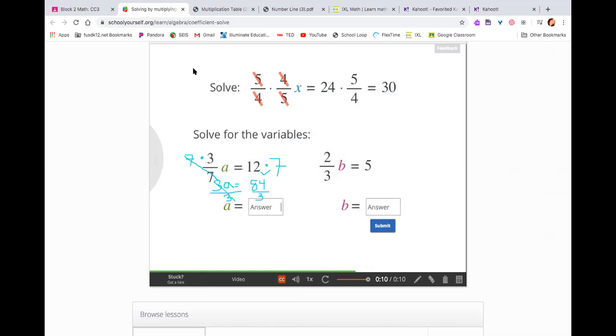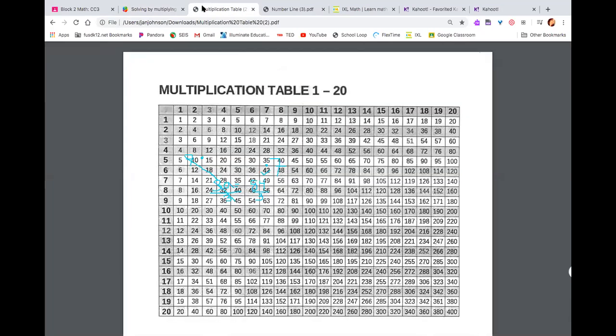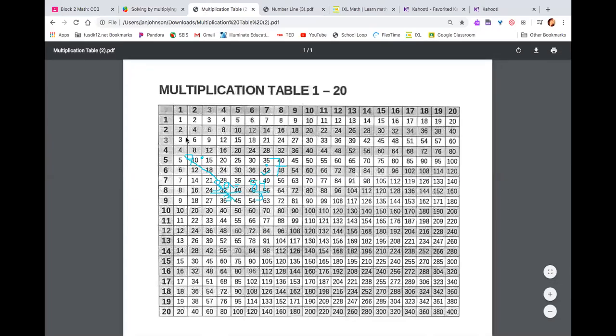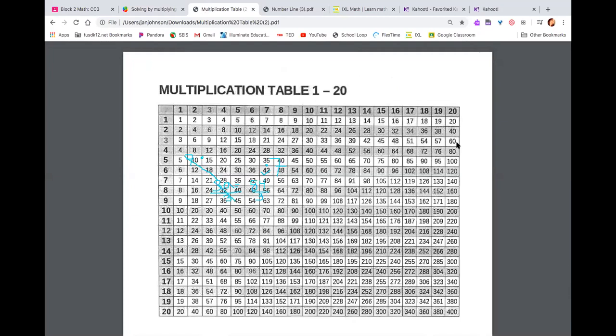And 84 divided by 3. So 3 goes into 84. Oh, the number line doesn't go that far. Let's use a calculator since it's not on the times chart. 28 times.